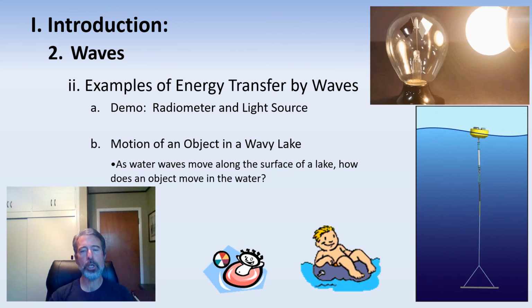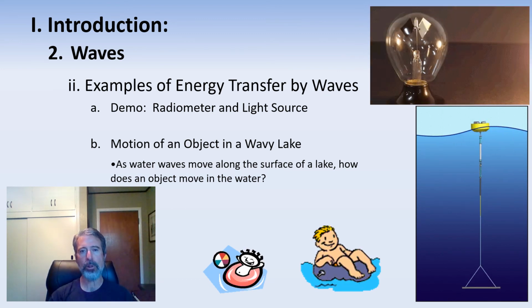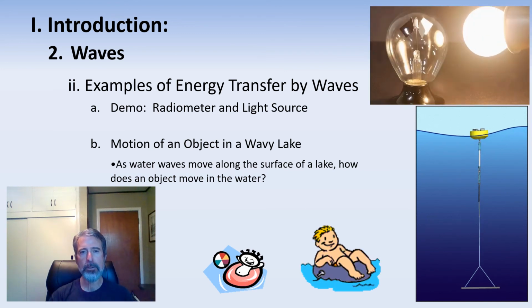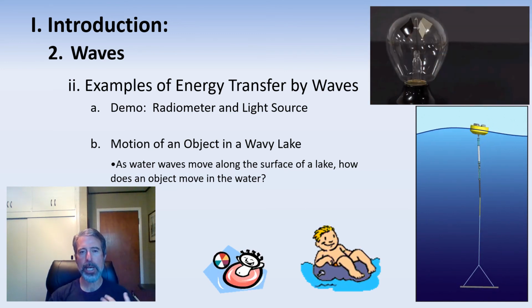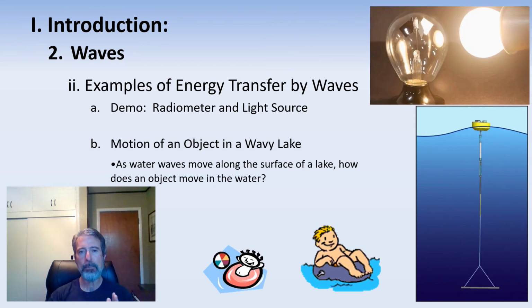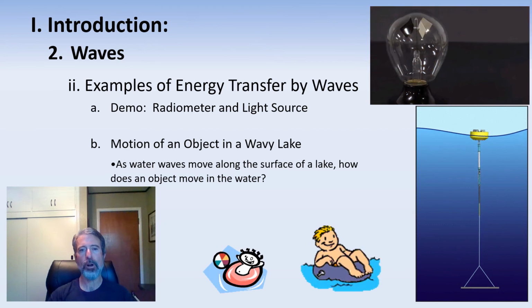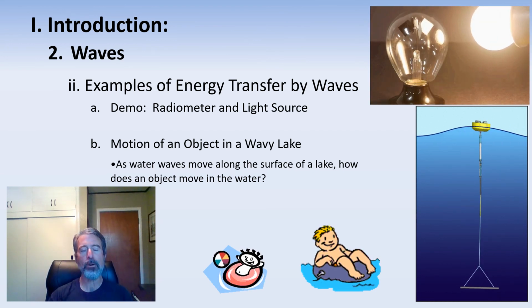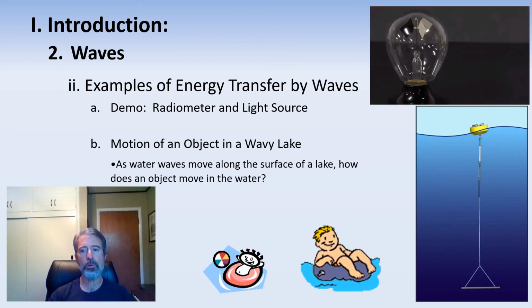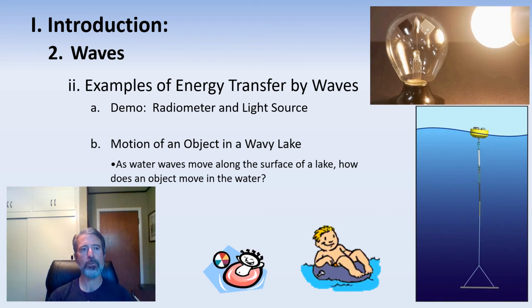The buoy moves up and down, but it does not move horizontally along with the wave. So clearly there is wave motion, there is energy being transferred, but the matter is not being transferred along with it. The buoy and the water particles are moving up and down, as opposed to horizontally along with the wave and energy transfer.